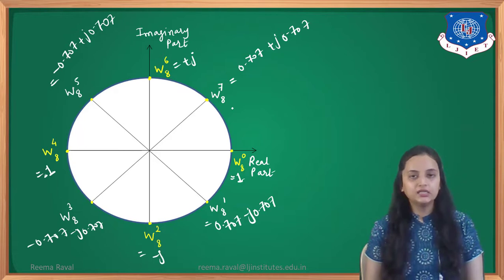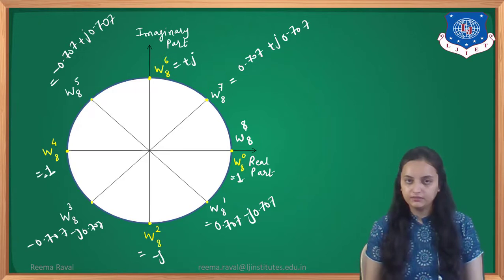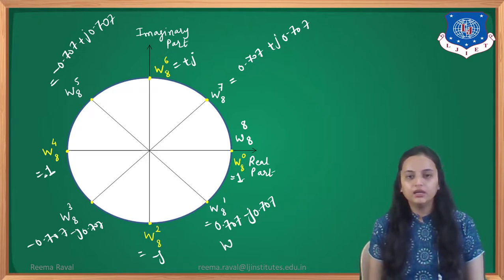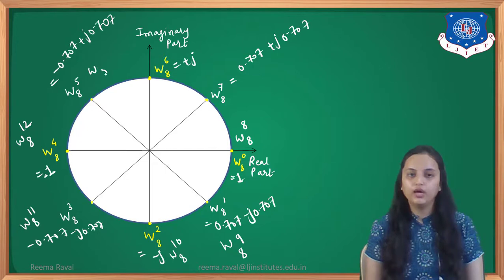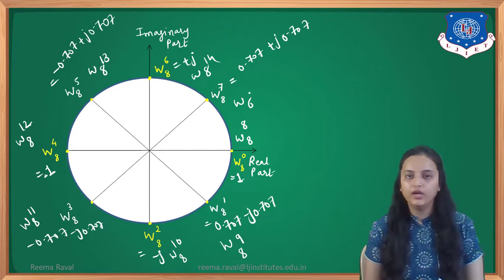In the same way, if we extend these values, starting from W80 to W81, W82, W83, W84, W85, W86, W87, and continue to move on the circle, the next one over here will be W88, then W89, then W810, W811, W812, W813, W814 and W815.